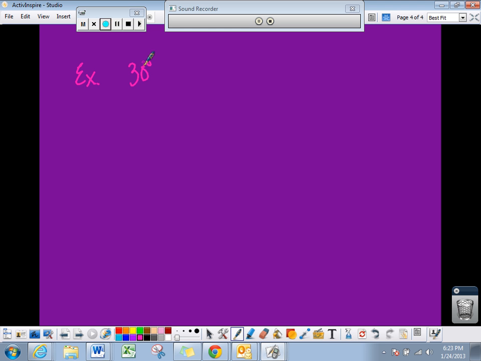You want to find coterminal angles for 30 degrees. So I can either add 360 to this or I can subtract 360 to this because it's going to give me coterminal angles. Not a very good drawing, but you'll be alright. 0, 90, 180, 270, and 360. I don't think I like this pink on purple. I won't use that no more.